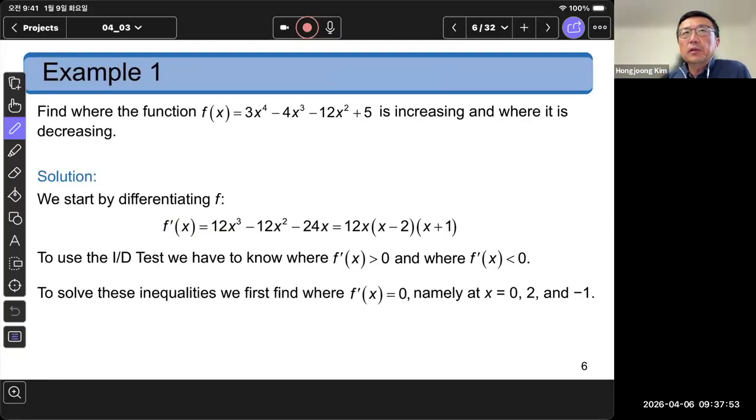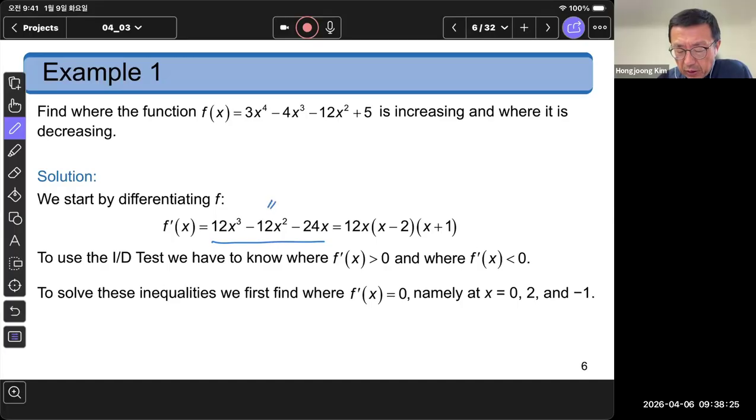So as an example, given this function f, I want to find the intervals where this function is increasing, and I also want to find the intervals where the function is decreasing. So we start by differentiating f. If I differentiate f, you get this result. And here 12x is a common term.